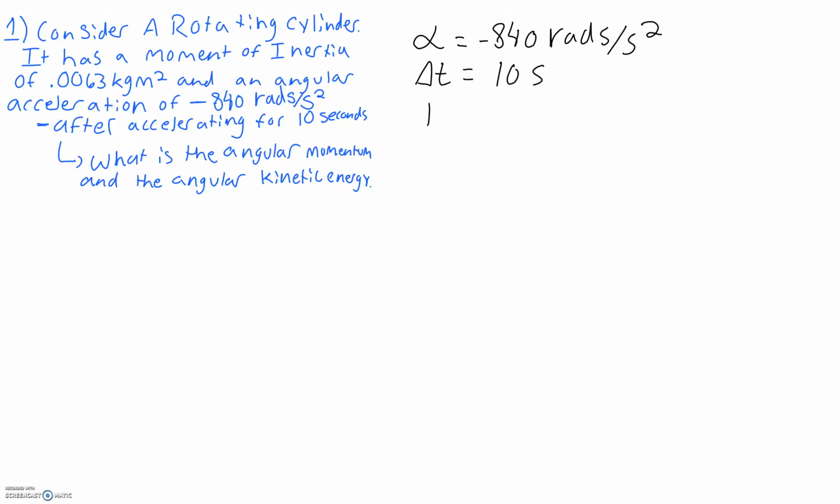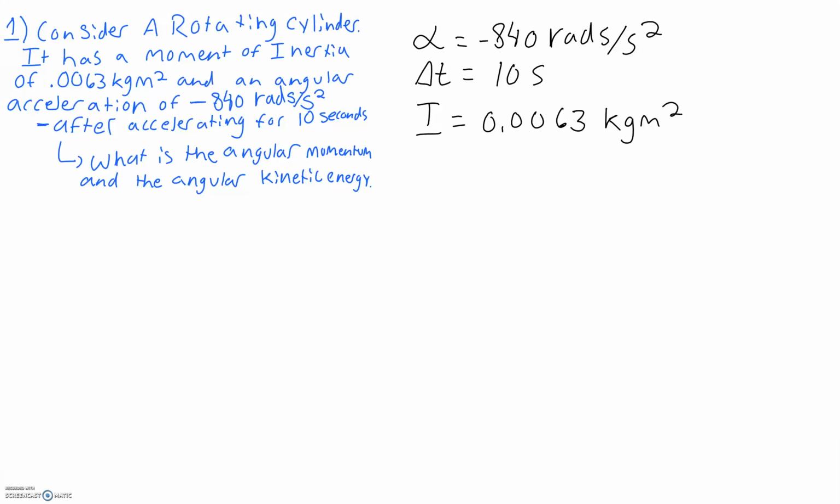And then the moment of inertia is equal to 0.0063 kg m squared. And after we have written all those out, we can now start to actually solve the problem.